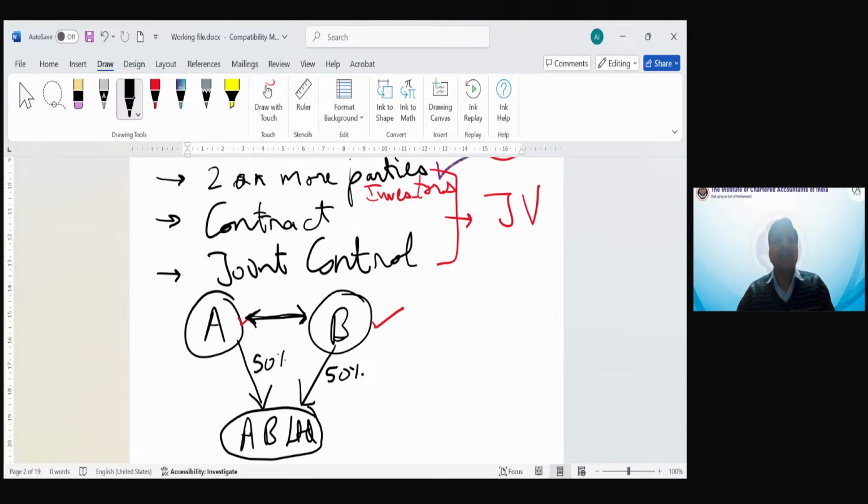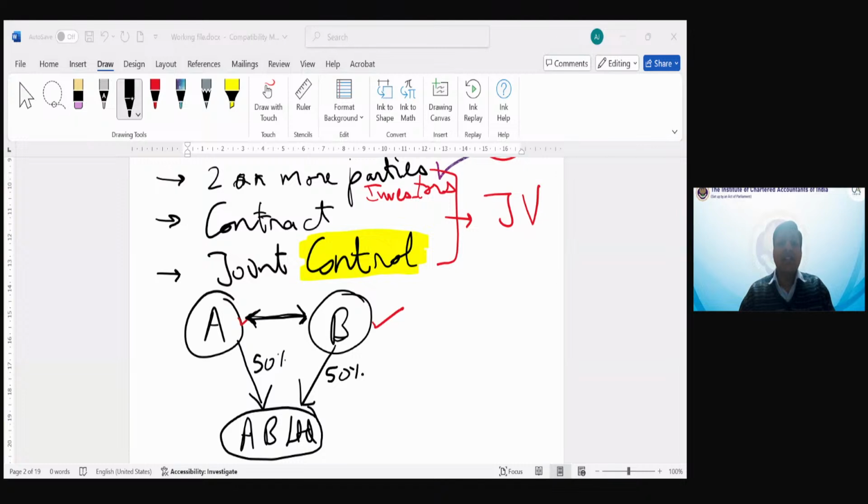Now, what do you mean by this control, which both of them will exercise? Because you may be thinking that control is one thing that we have already discussed in case of a subsidiary. Yeah, in case of a subsidiary, we understood that control. Now, in case of a subsidiary, the control that we talked about was unilateral control.